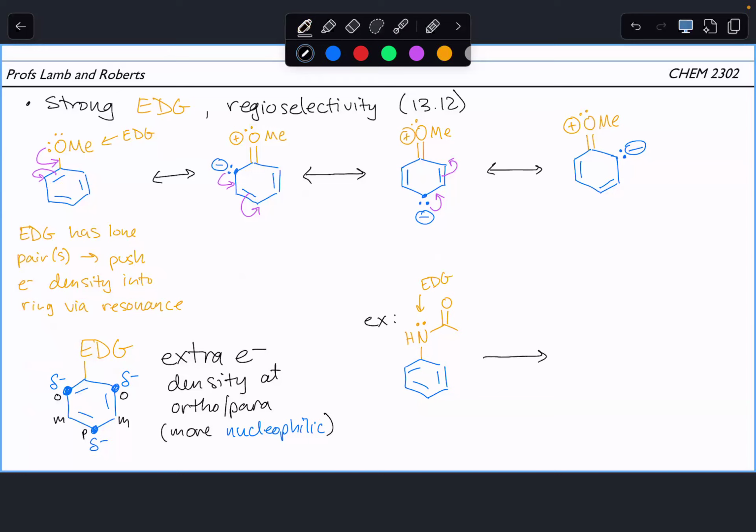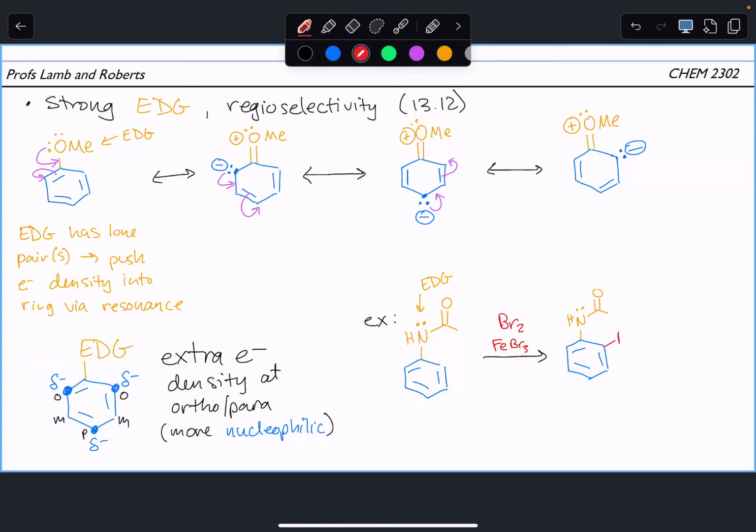If I were to do, say, a bromination, this is an electron donating group. The most nucleophilic positions are ortho and para. That means I'm going to get the ortho and para products. Again, I'm going to keep my substituent always in the up position.